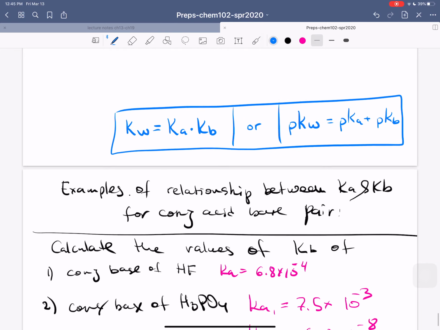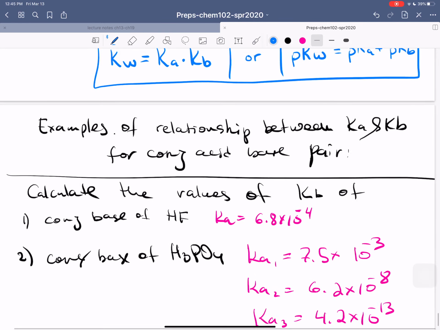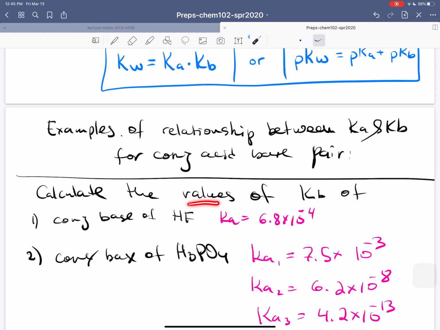Okay, so then let's look at this example. Calculate the values of Kb of conjugate bases of two acids. So we have hydrofluoric acid. And just to bring you nice memories from the lecture, we all remember that hydrofluoric acid is a weak acid. Okay, so then we can talk in terms of values of K that are less than 1.